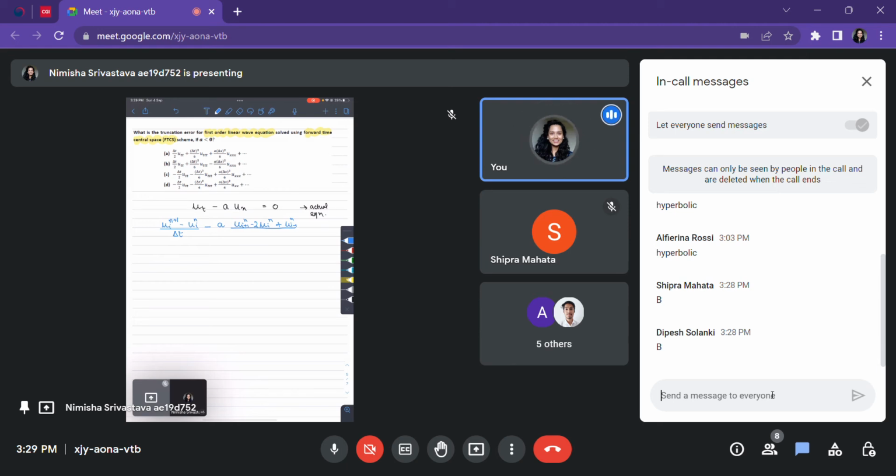Okay, so this is my equation. Now I need to find the truncation error. Then what will I invoke? I will invoke my Taylor series.